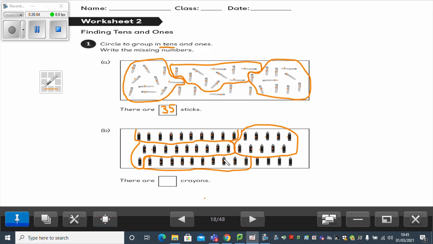So let's count the 10s and then count on to include our ones. Ready? 10, 20, 30, 40, 41, 42, 43, 44. So there are 44 crayons, 4 10s and 4 1s.